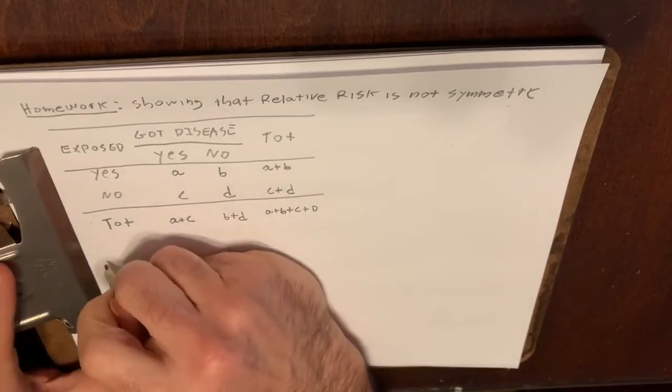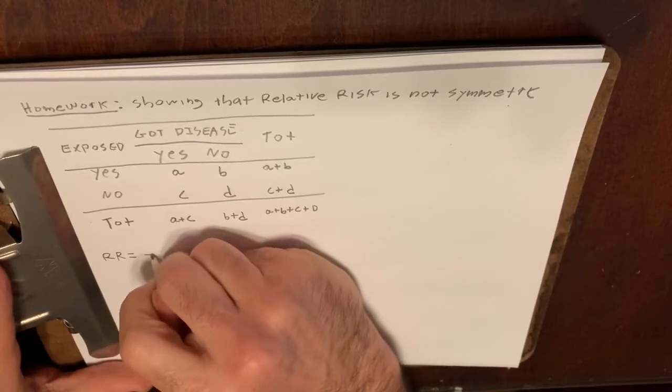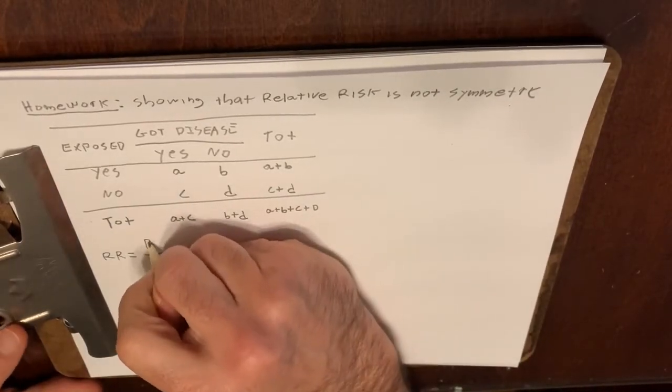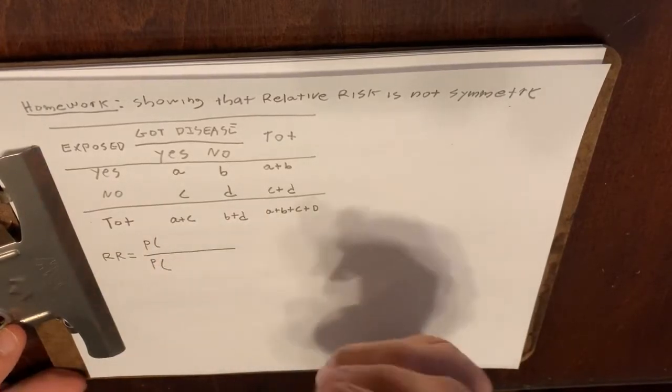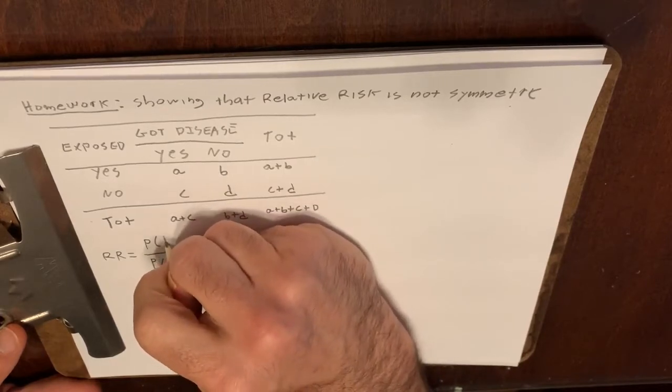Now, the relative risk is a ratio where we compare the probability of actually getting the disease. So I'll just write this as D for disease.